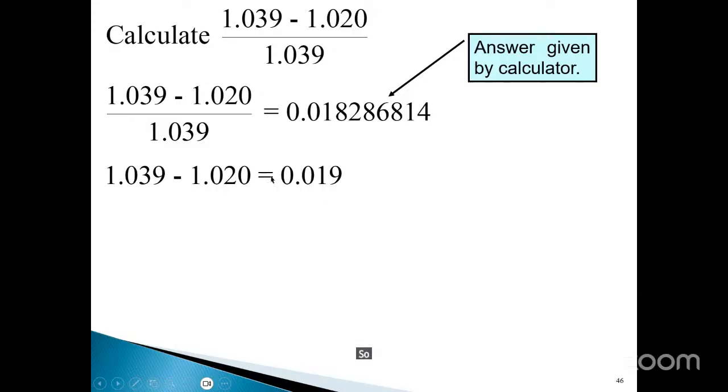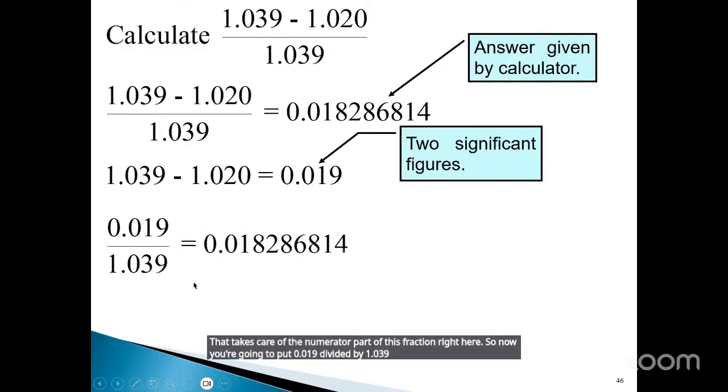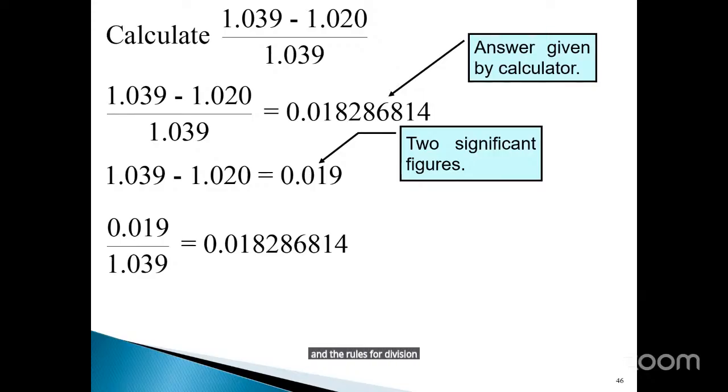So now you're going to put 0.019 divided by 1.039, right? So that's what you're going to do. Now, what you're going to do here at this stage is divide. And the rule for division is you round off to the lowest number of significant figures, right? So here we have 2 significant figures as the numerator.